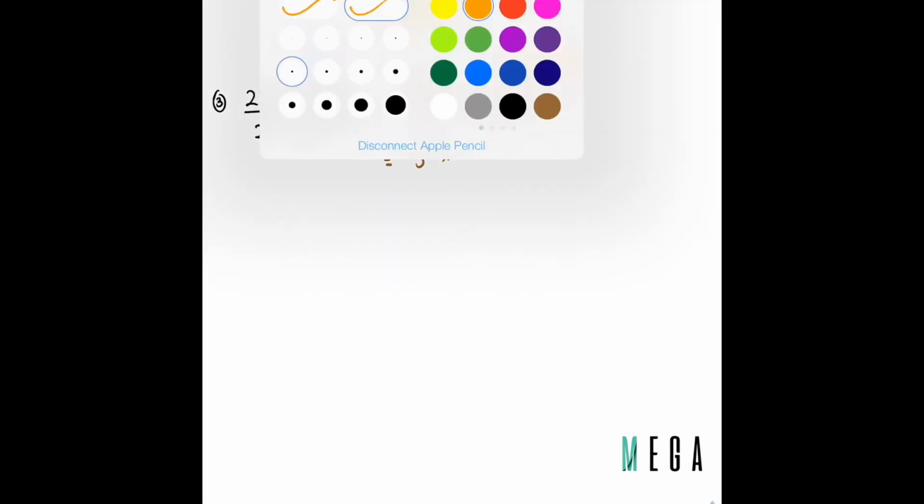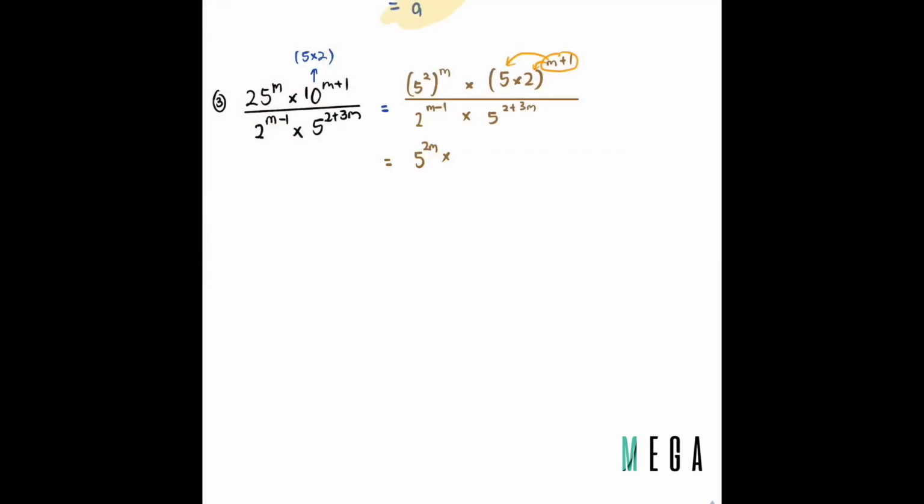So I will get 5 to the power of m plus 1 multiplied by 2 to the power of m plus 1 divide by 2 to the power of m minus 1 and also divide by 5 to the power of 2 plus 3m.